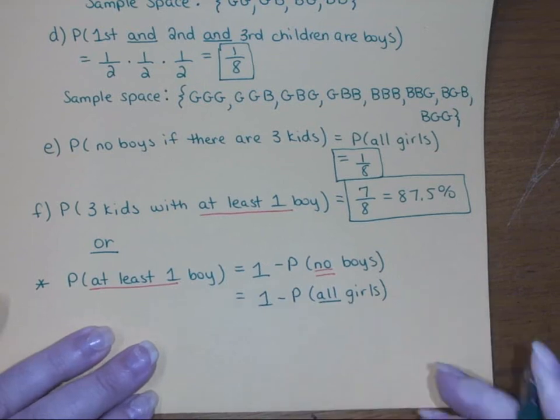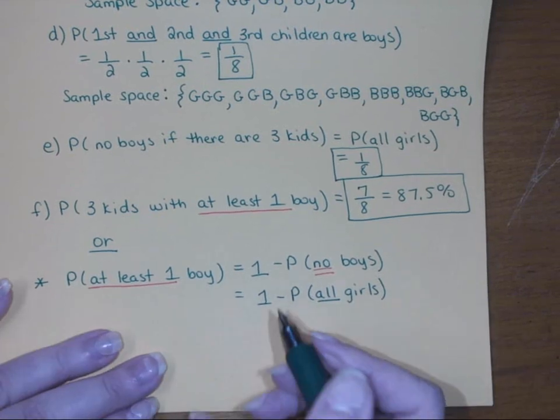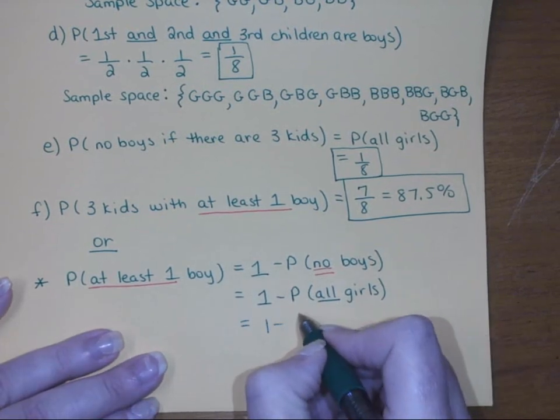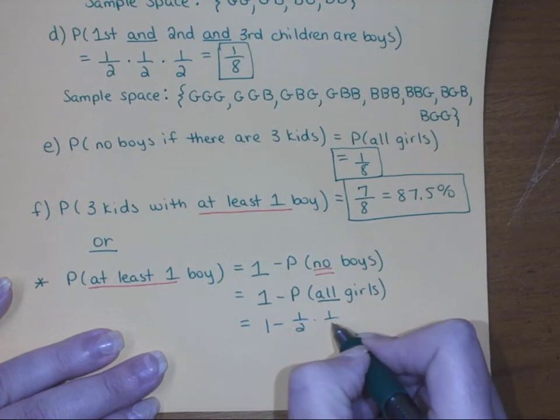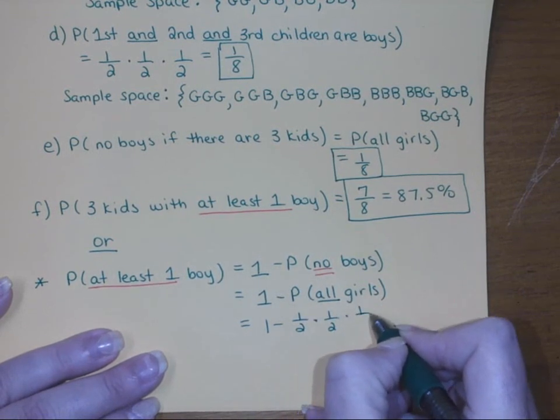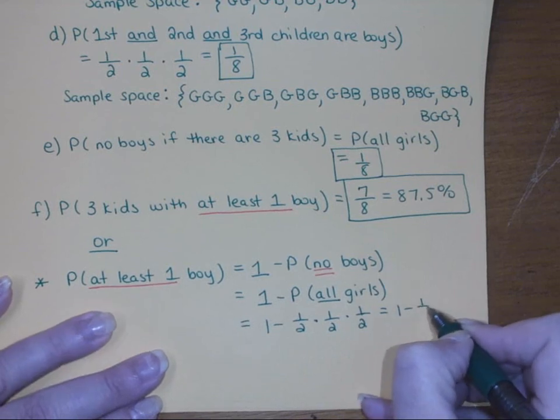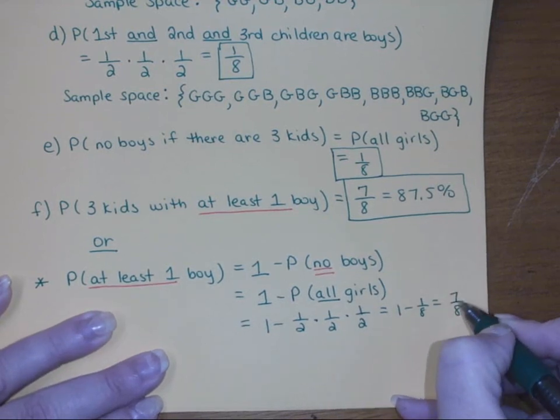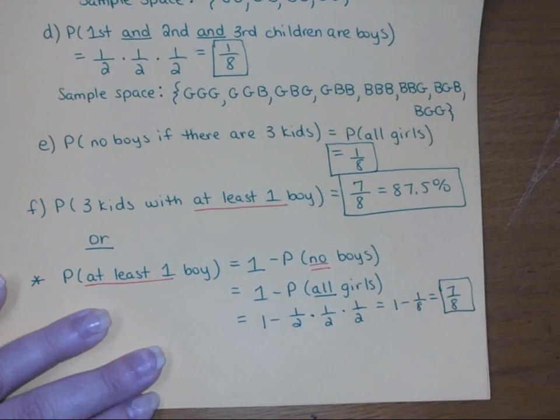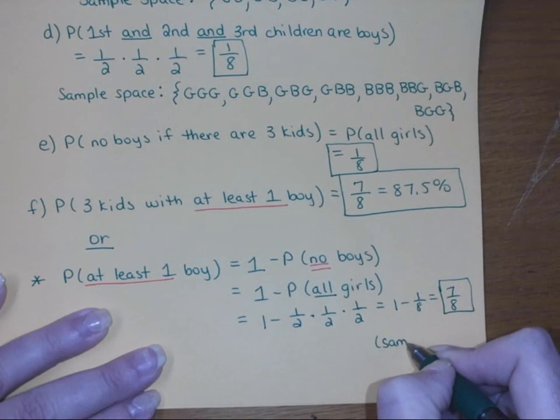That's really what it's saying, right? And notice that if we did that, it would be 1 minus a half times a half times a half, okay? And notice that would give us 1 minus 1/8 or 7/8. So notice we get the same answer.